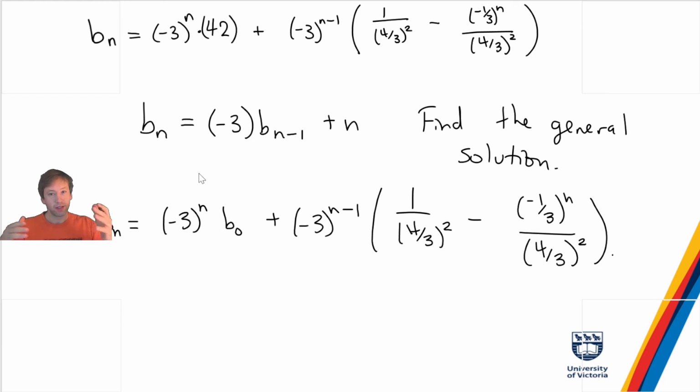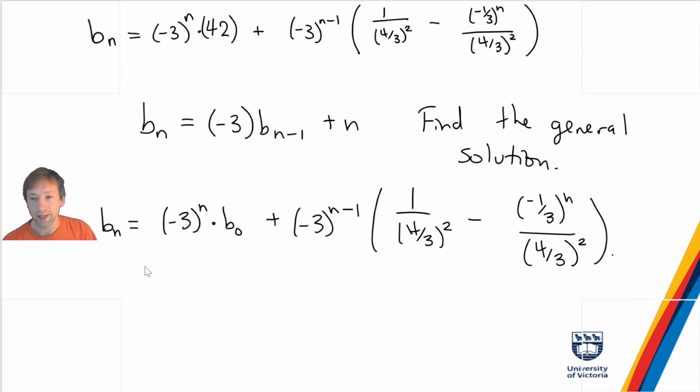So if you're ever given a first order recurrence relation and asked to find the general solution, the idea is you can do this telescoping thing, but at the end you're not going to have any b0 to plug in, because we're trying to find a general solution with no initial conditions. So you just leave it in this form.